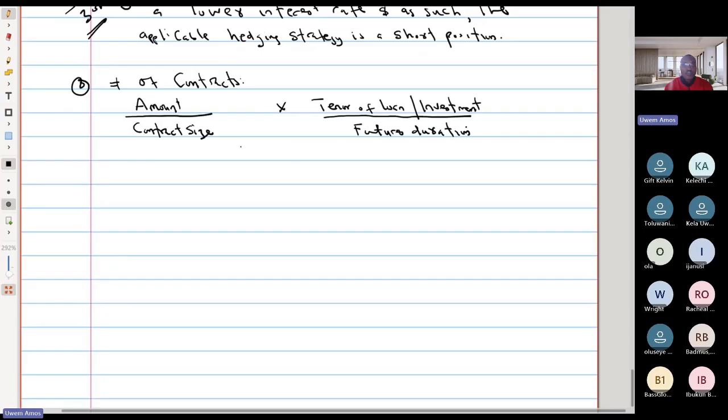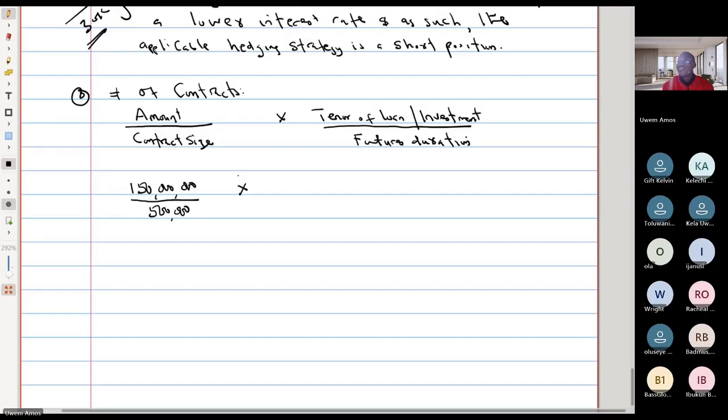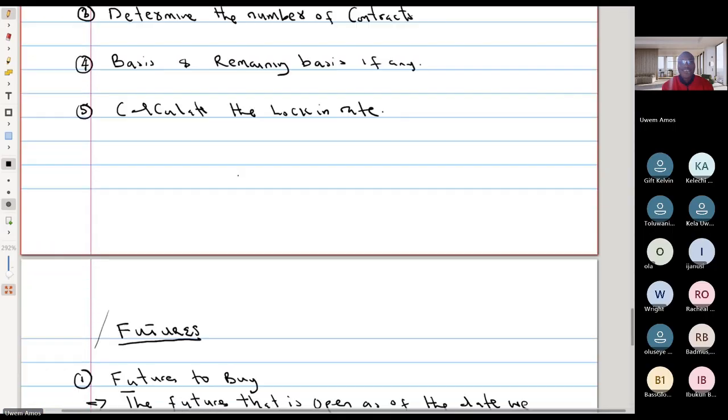150 million divided by 500,000, multiplied by the tenor of the loan or investment. When Mr. Bighard borrows, for how long? Back to our question.